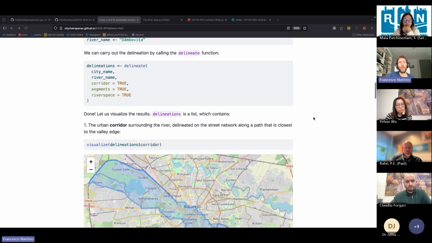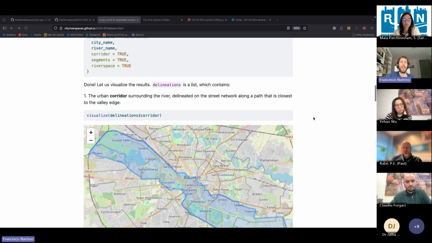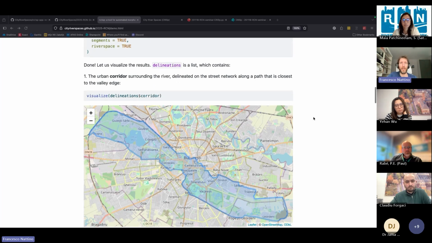So the first output of the delineation is the geometry of the river corridor. You see here represented on a base map.